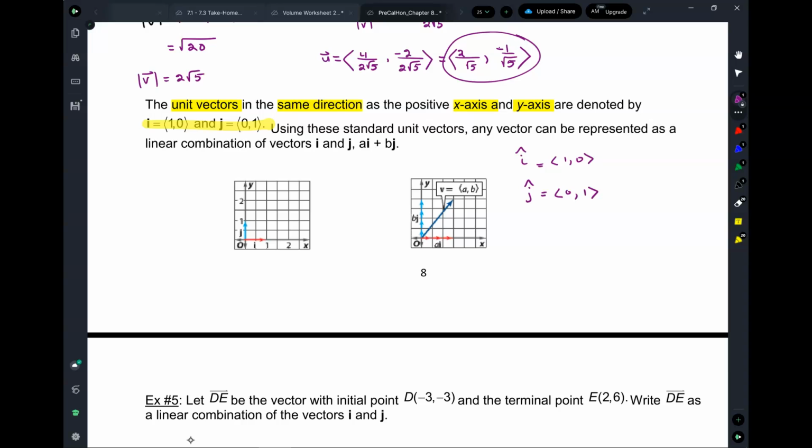Together, a couple of I hats and J hats can combine and create any old vector you would like.